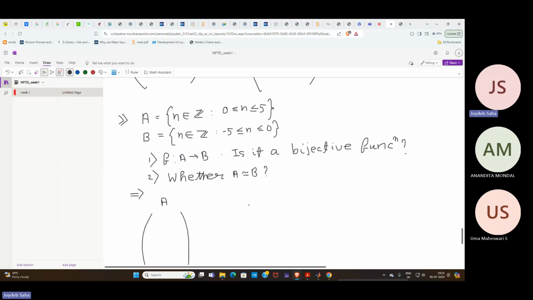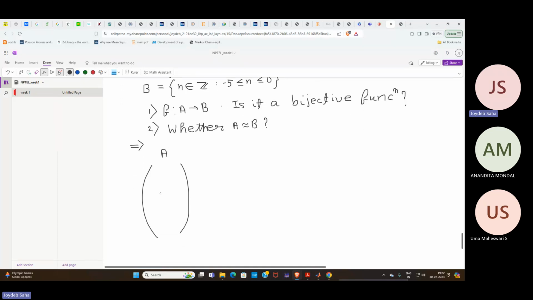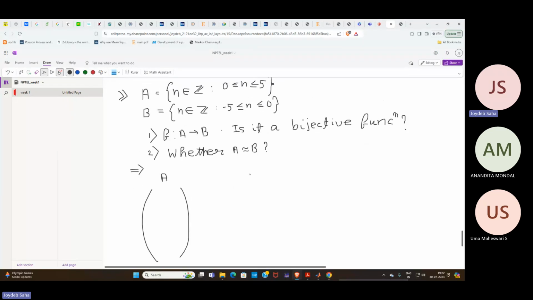If y is equal to mod x, then all the elements will be equal. But it doesn't mean that it will form a bijective function. Why? Until and unless we define the function, we cannot say whether it is bijective or not. If we say that y is equal to mod x, yes, there will be a bijective function, no doubt.